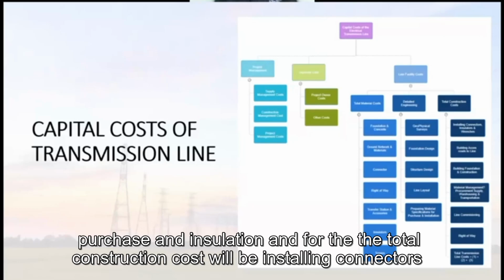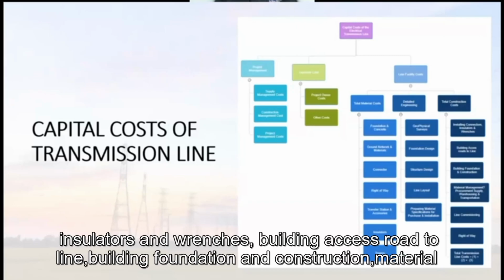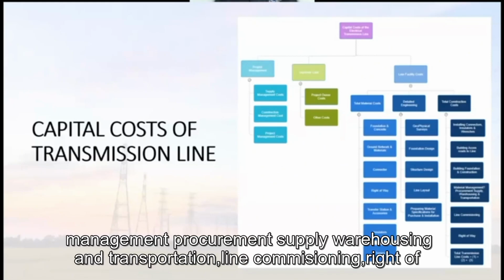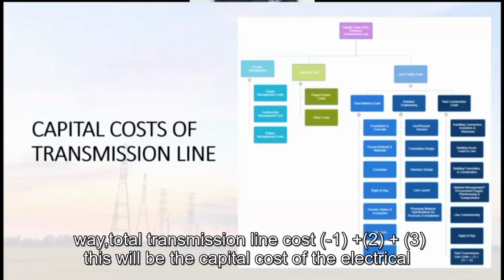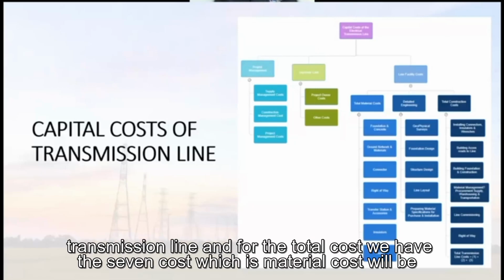And the total construction cost will be installing connectors, insulators and branches, building access road to line, building foundation and construction, material management, procurement, supply, warehousing and transportation, line compromising, right of way. Total transmission line cost is 1 plus 2 plus 3. This will be the capital cost of the electrical transmission line.